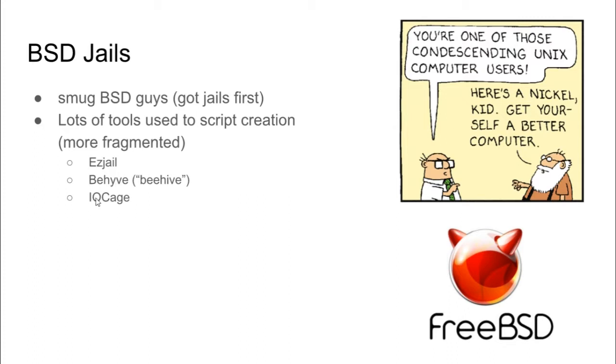Before I was saying that on Linux they're all using the same core piece of technology, cgroups. In this case, the case is pretty similar. They're using the same core piece of technology, and people are just writing different front ends for it.